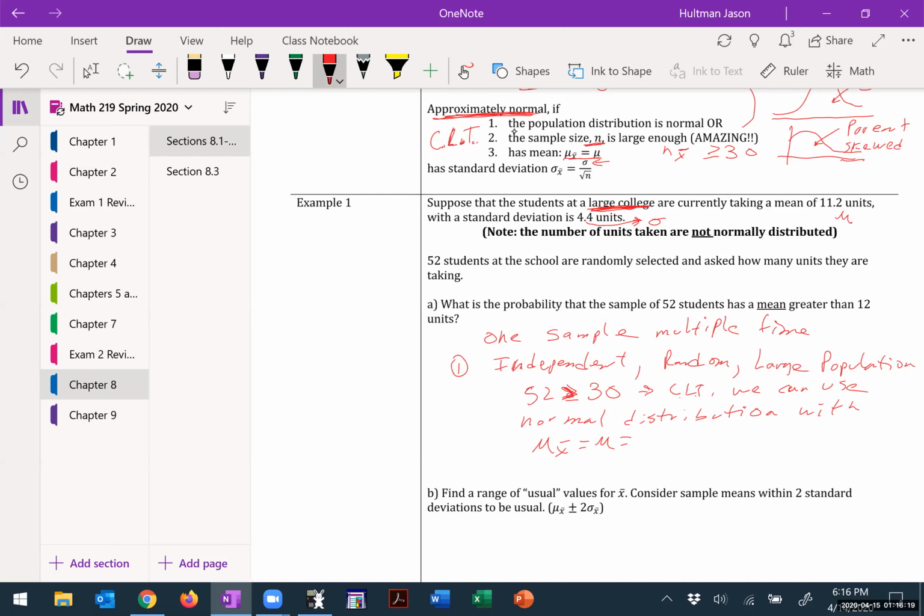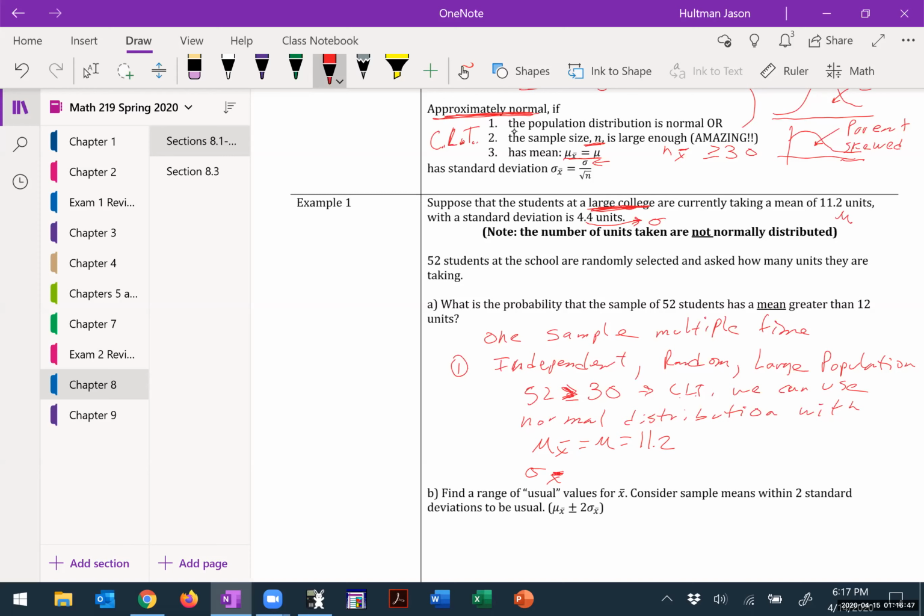Okay, they're saying that the mean is 11.2, right? That goes back to the population mean. But the standard deviation changes because instead of sample sizes of 1, I'm taking sample sizes of 52.